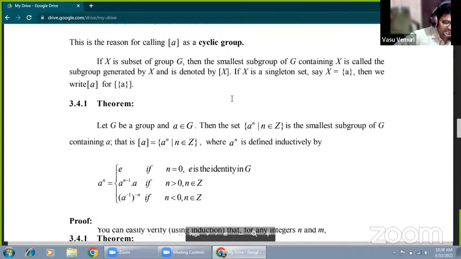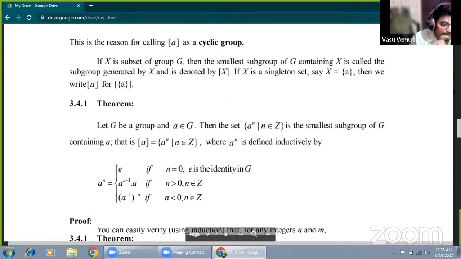Find the generators of this cyclic group. Please note down: in an infinite cyclic group there are exactly 2 generators, that is 1 and minus 1.